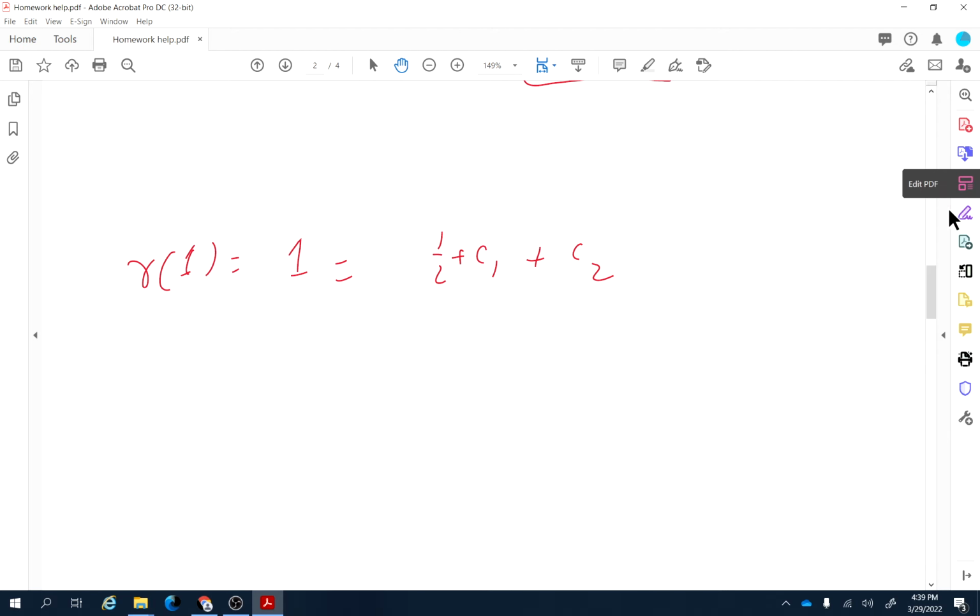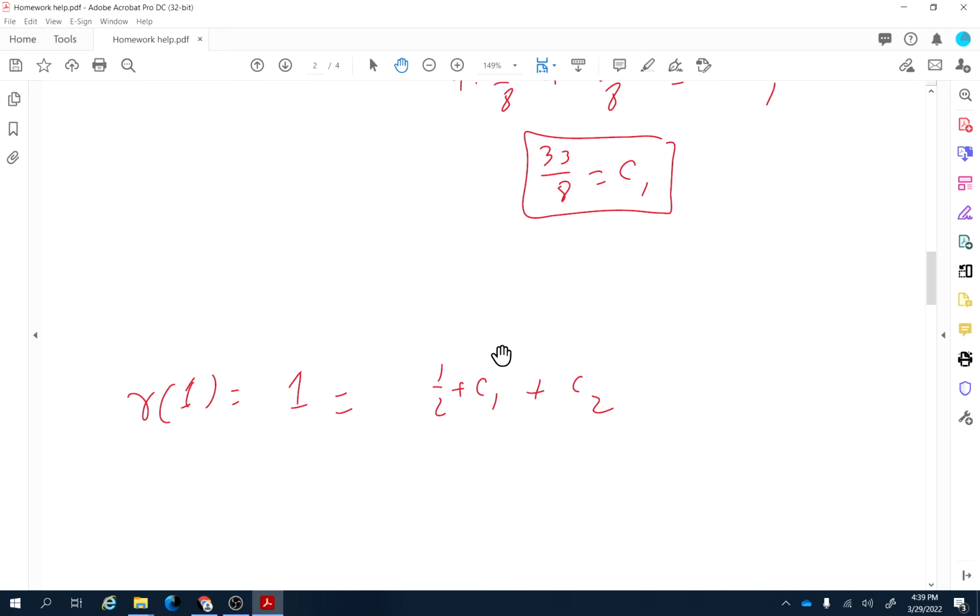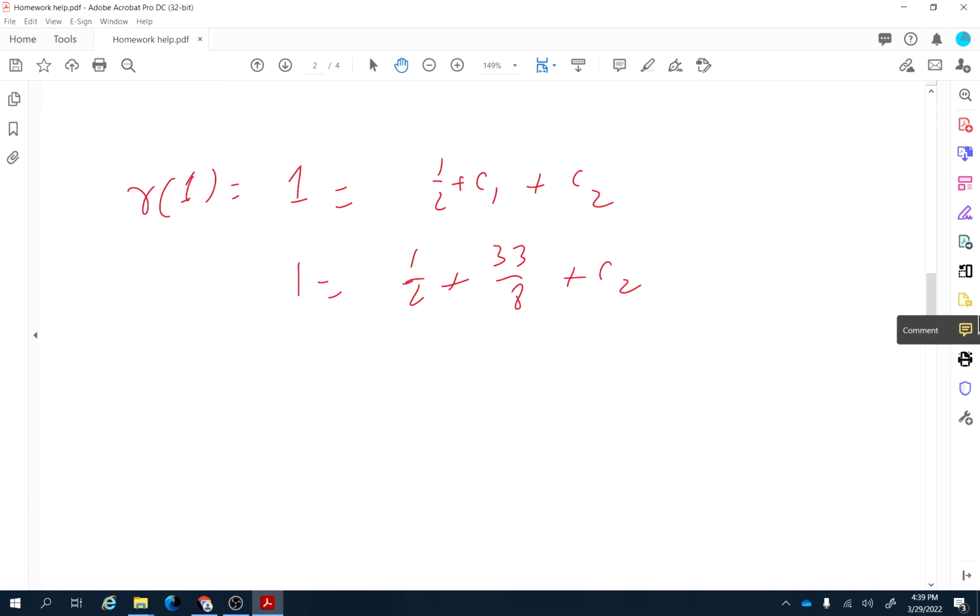But here we already know what c1 is, so just put c1 equal 33 over 8, and now simplify for c2. So c2 is 1 minus half minus 33 over 8.